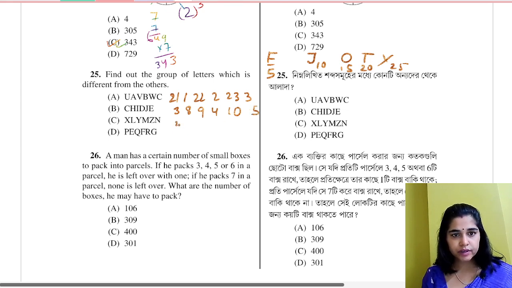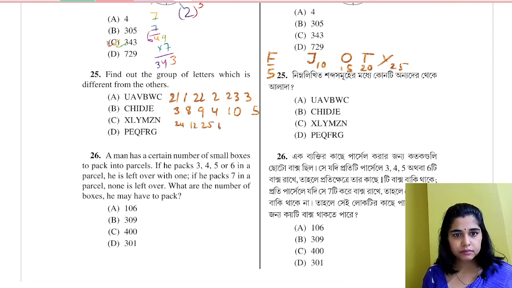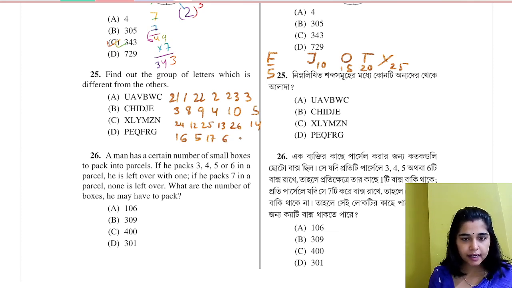And here is 24, 12, 25, 13, 26 and 14. N is 14. P is 19, I think, 16 and 5. Q is 17 and 6 and 18 and 7.